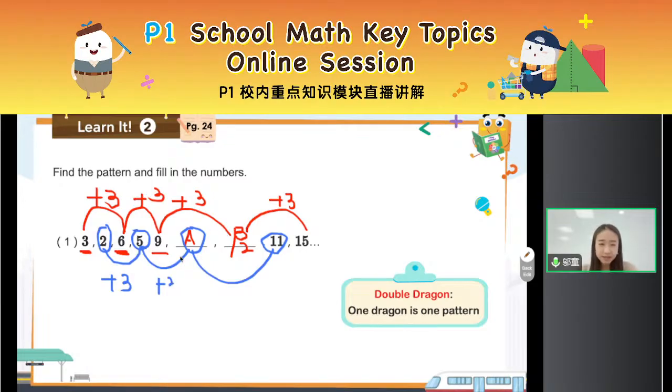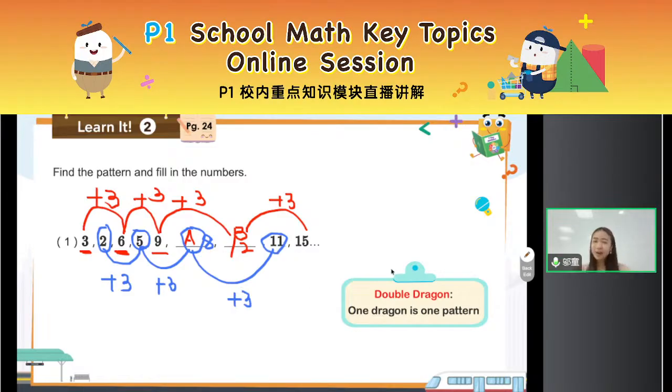Okay, what does 5 plus 3 equal? The answer for the number should be 8. Very good job. If here is an 8, don't stop. Let's check our answer and continue. 8 plus 3 again to arrive at 11.